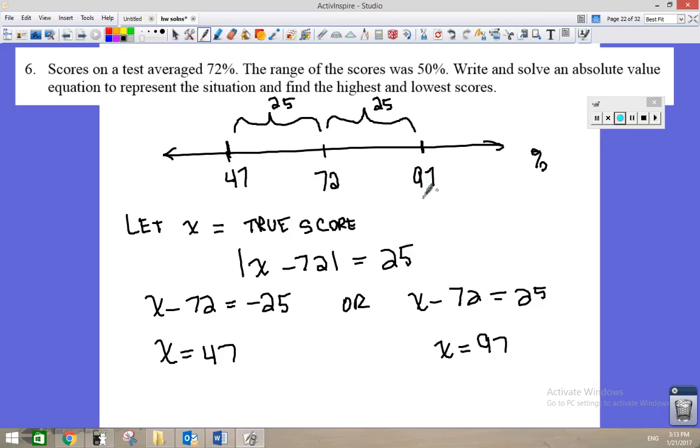Yeah, it has to be that. So these percentages are our answers, where this is the min and this is the max, and we're done.